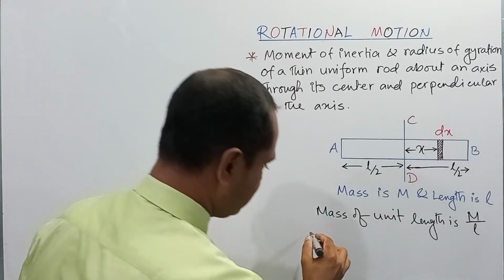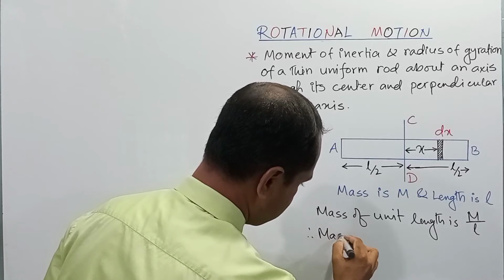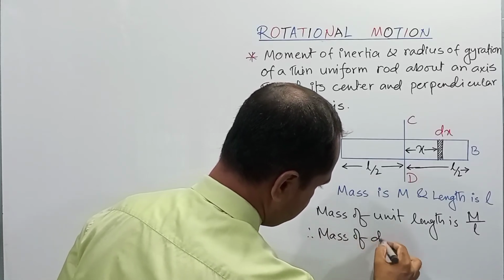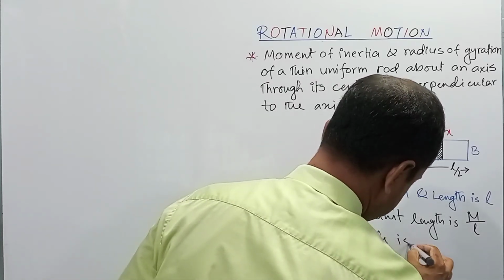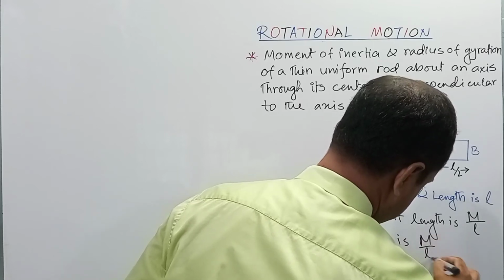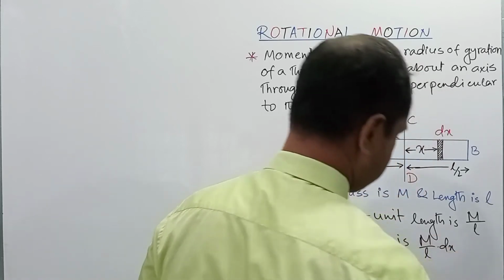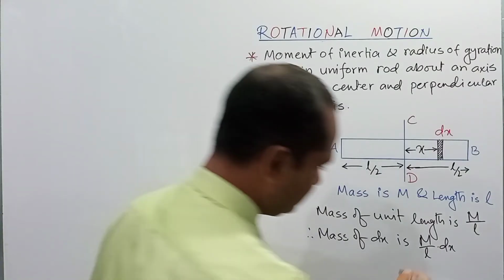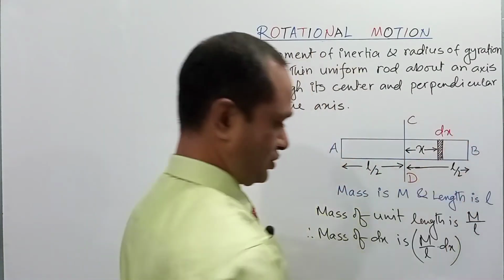Therefore the mass of the dx portion is M by L into dx, right? This is the mass of this portion.